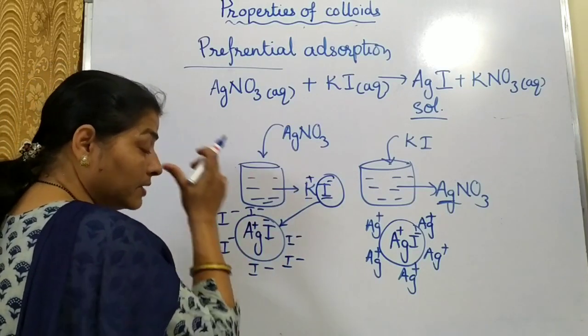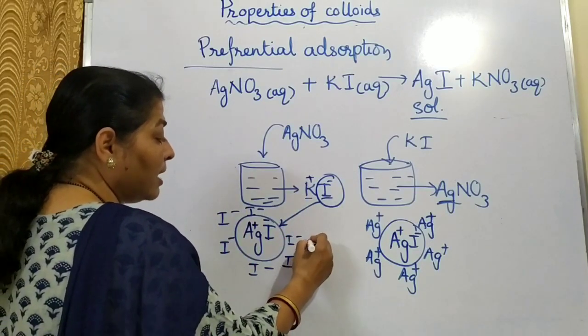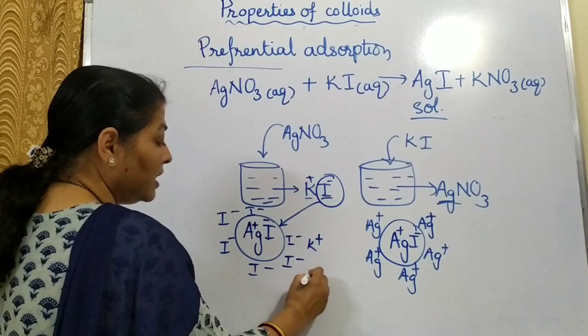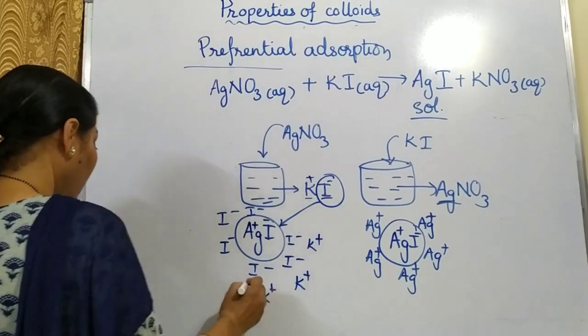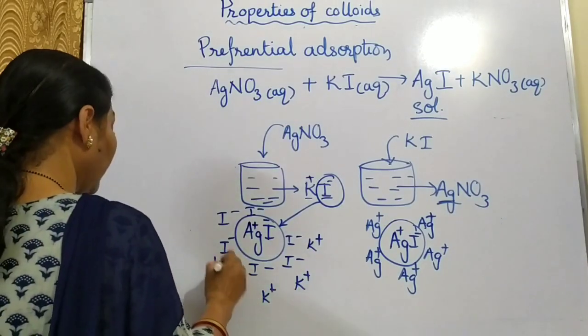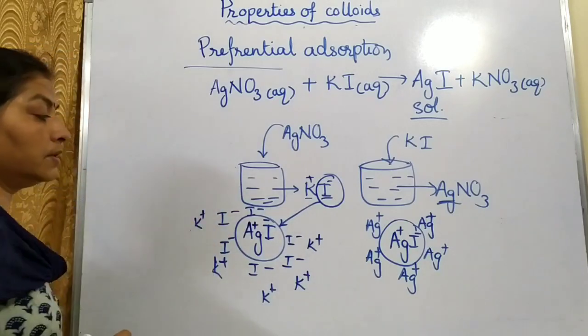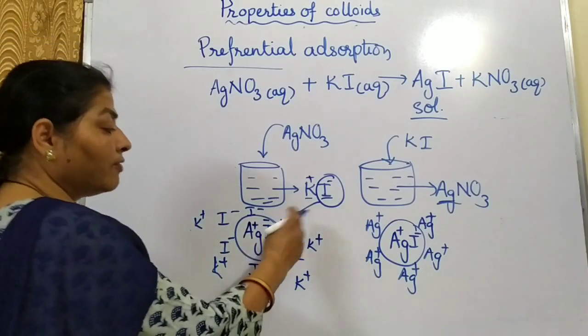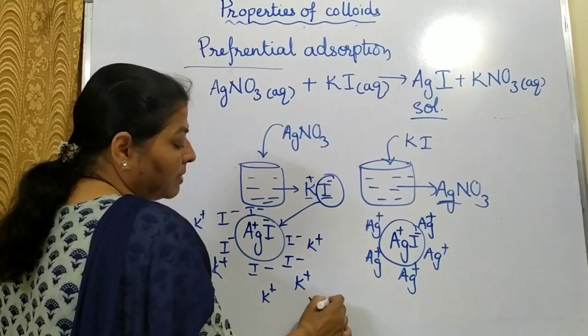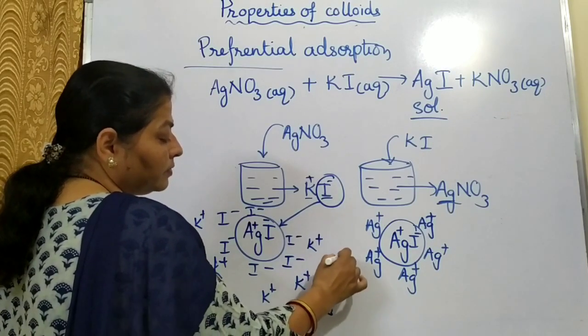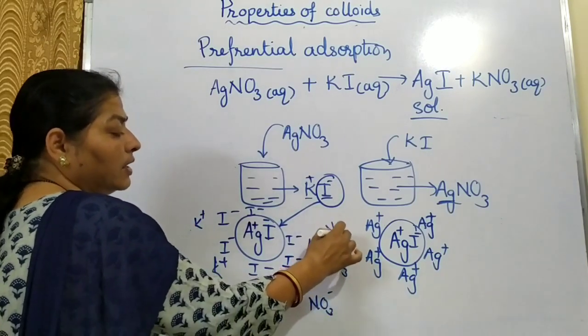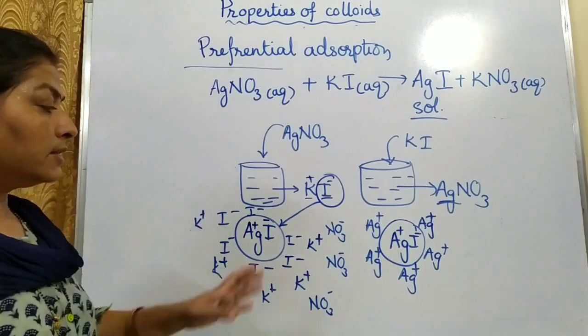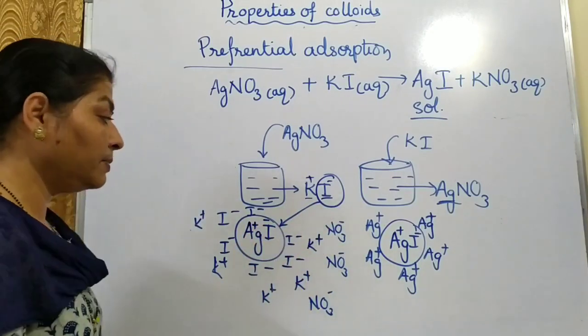It is K plus. So K plus will be present all around this. And then after K plus, NO3 minus will be surrounding it. So like this, positive and negative ions will be arranged.